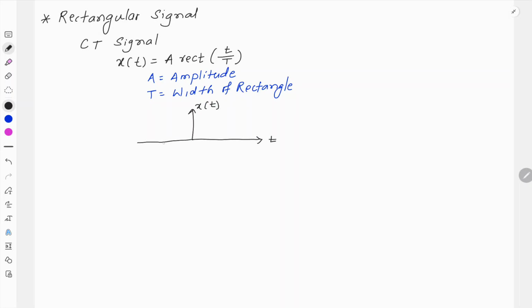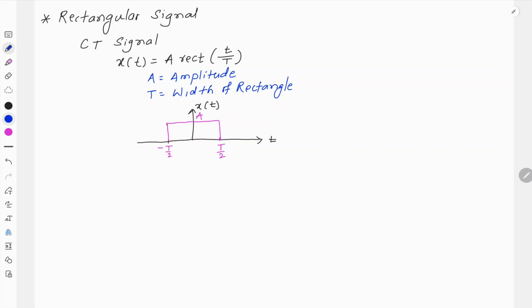As the width of rectangle is T, this signal starts at coordinate minus T by 2 and ends at plus T by 2, and it has a rectangular waveform between these two coordinates with the amplitude equal to A. So this is how we represent the rectangular signal in CT domain.